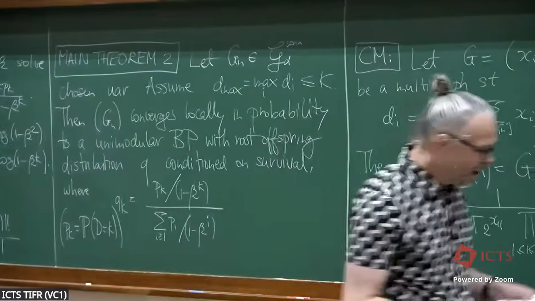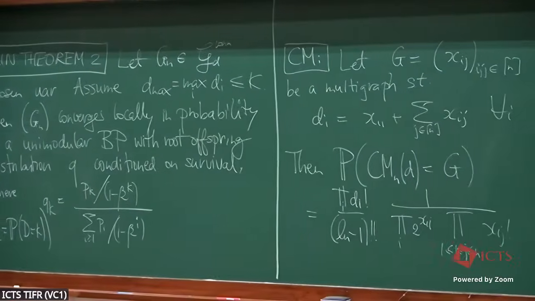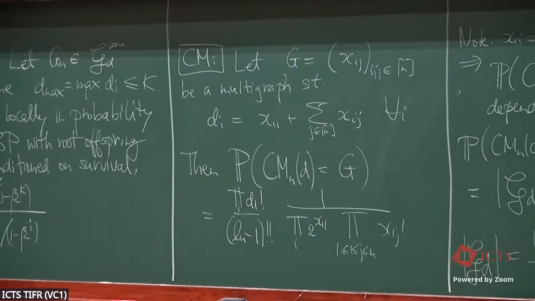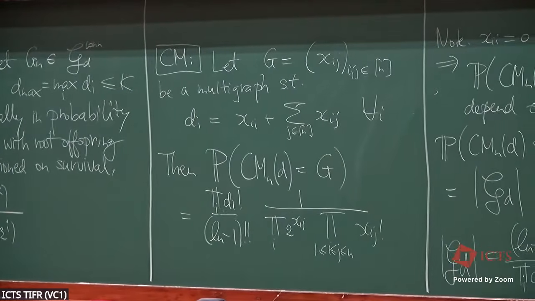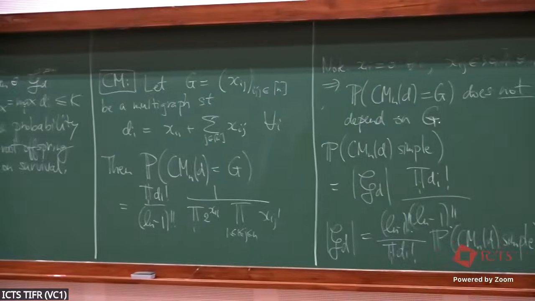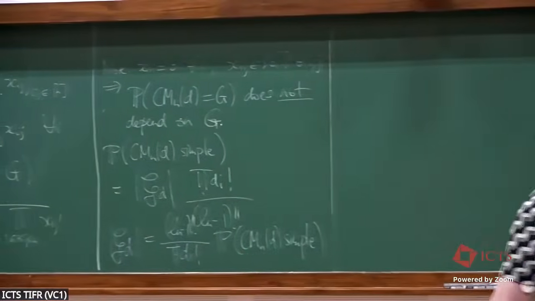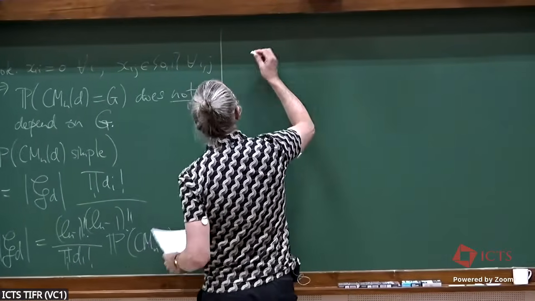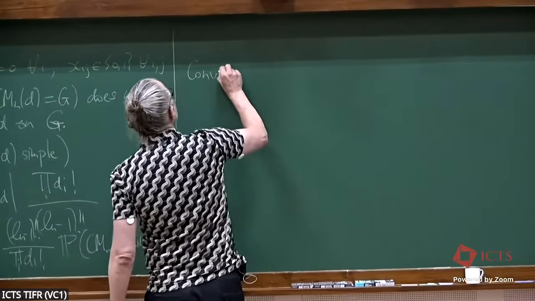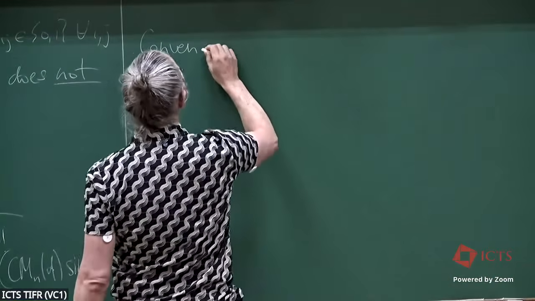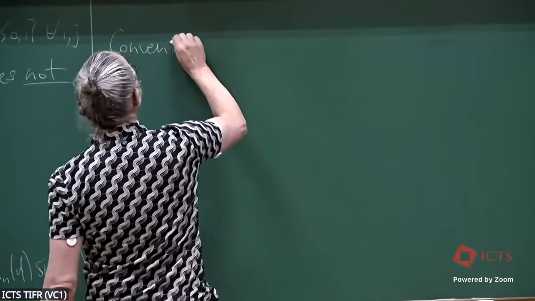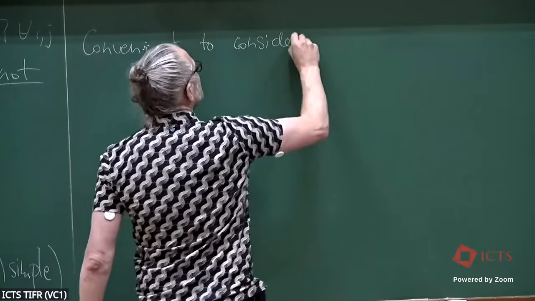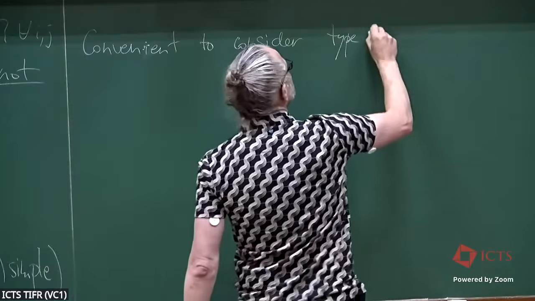Okay. So what we'll try to do is somehow find the connected graph inside some other graph. Well, what would be the natural thing to do? Take a bigger configuration model. Okay? So for the rest of my argument, it will actually be convenient to consider type sequences.